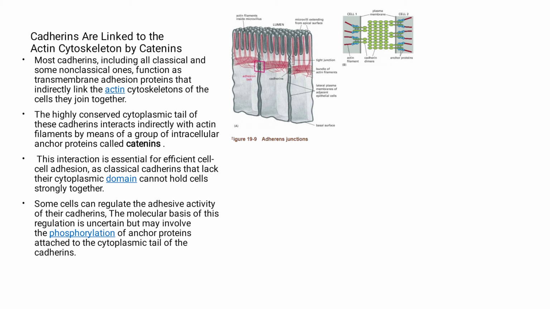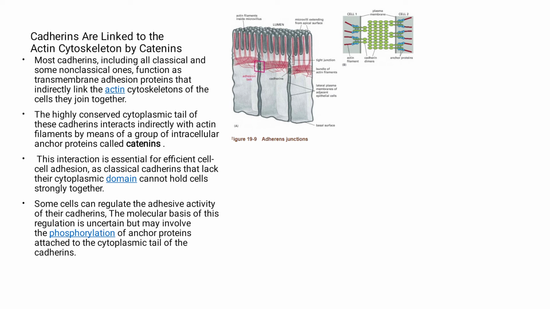In letter B, we have the molecules that form an adherens junction. The actin filaments are joined from cell to cell by transmembrane adhesion proteins called cadherins. The cadherins form homodimers in the plasma membrane of each interacting cell. The extracellular domain of the cadherin dimer binds to the extracellular domain of the identical cadherin dimer on the adjacent cell.